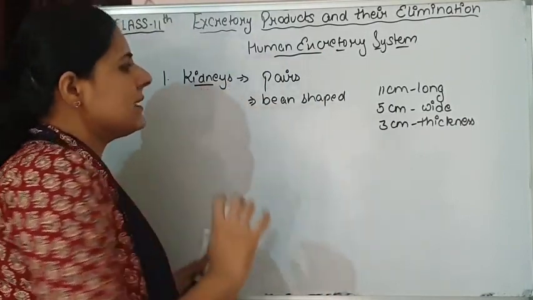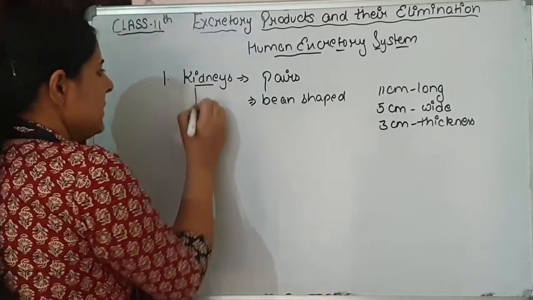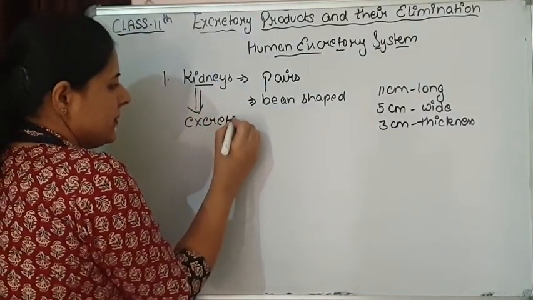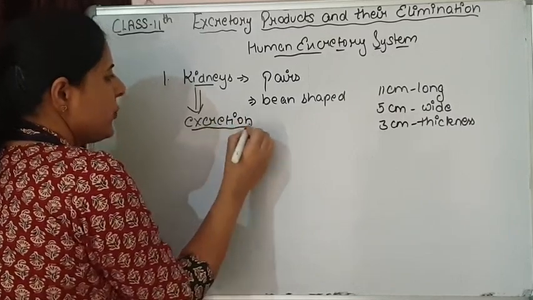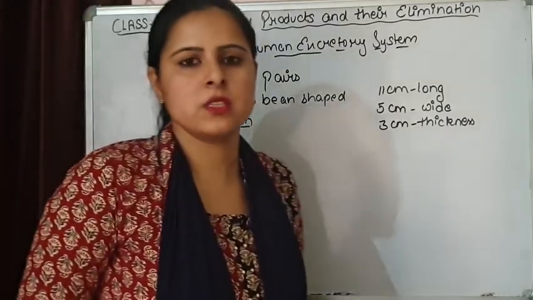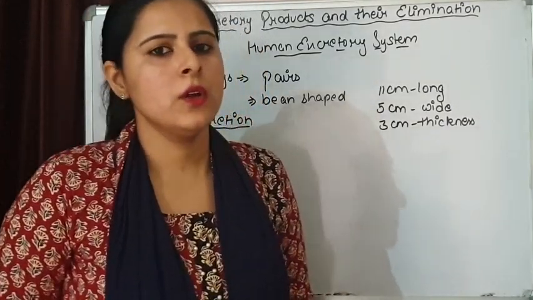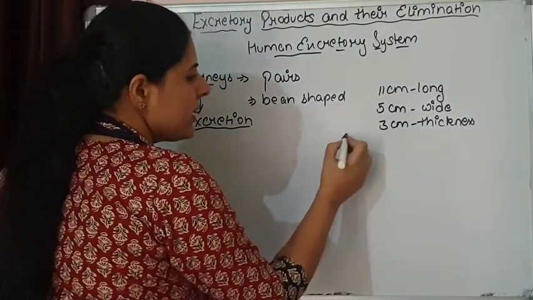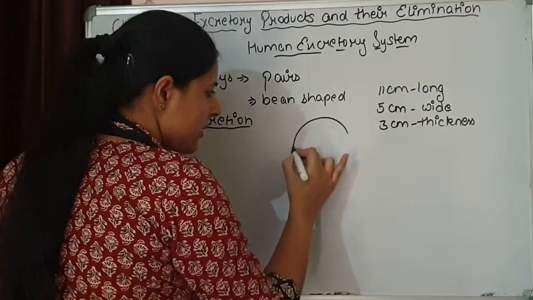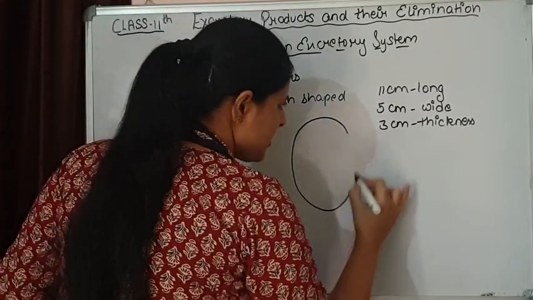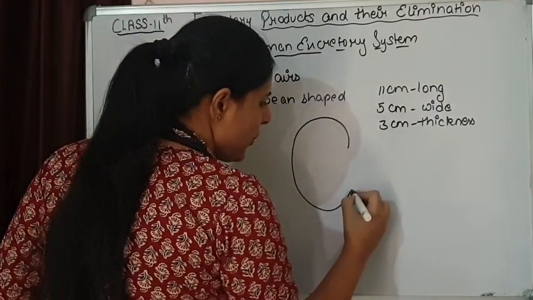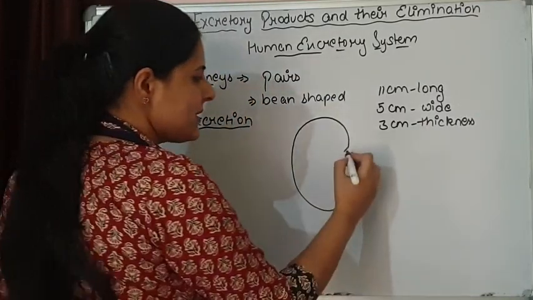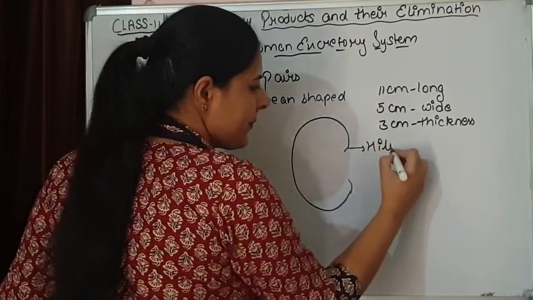These kidneys mainly perform the function of excretion, the removal of waste and toxic substances out of the body. If we see their structure, they have a bean shaped structure, and here a scar-like structure is present, that is the hilum.